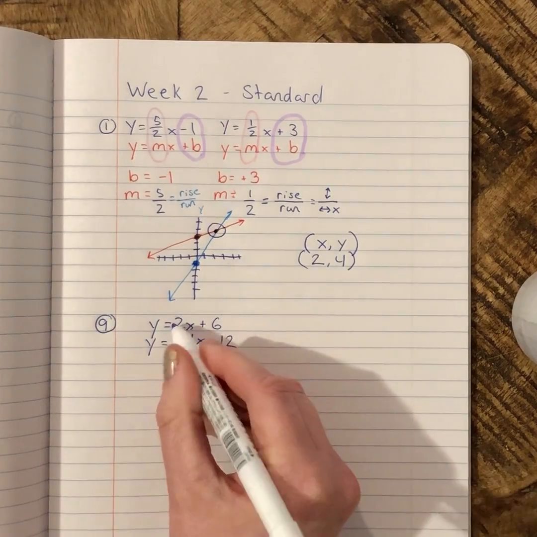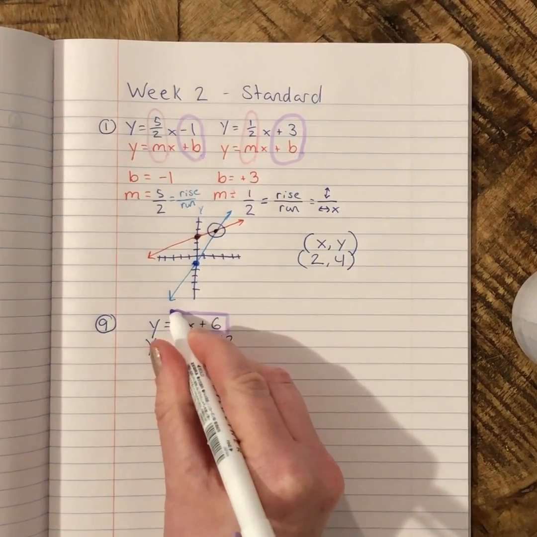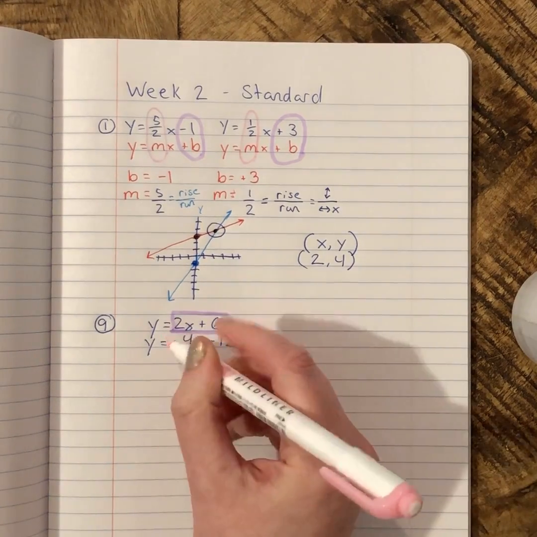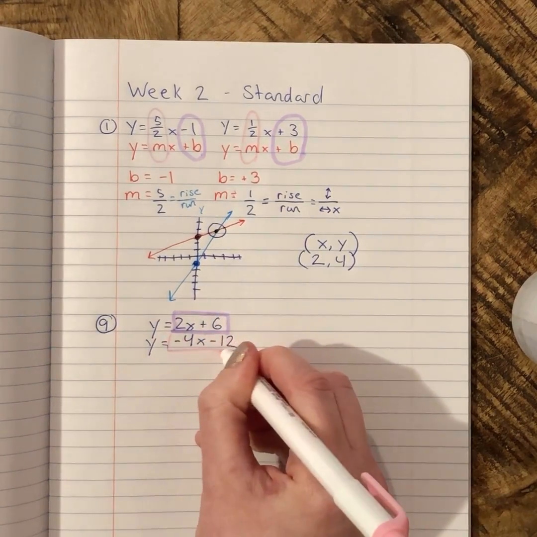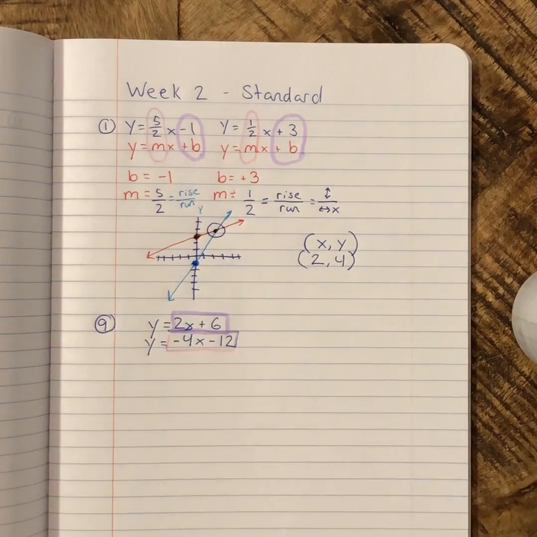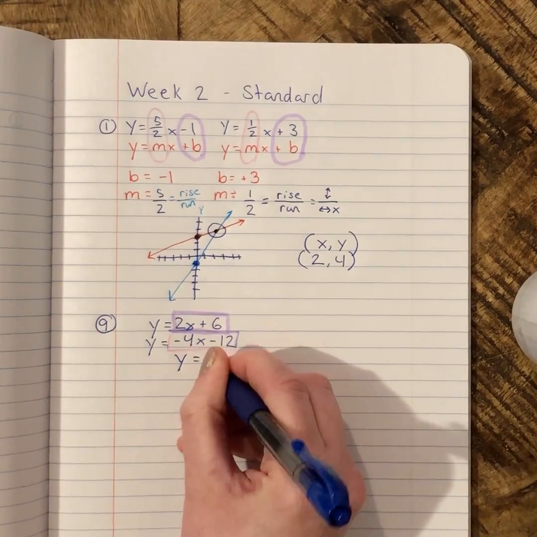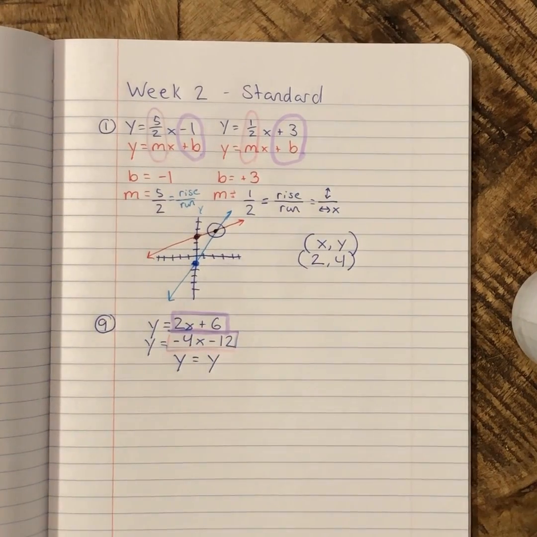If I know for a fact that y equals 2x plus 6, and I know that y equals negative 4x minus 12, I can set y equal to y because that is a true statement. Then I go ahead and plug in the numbers.